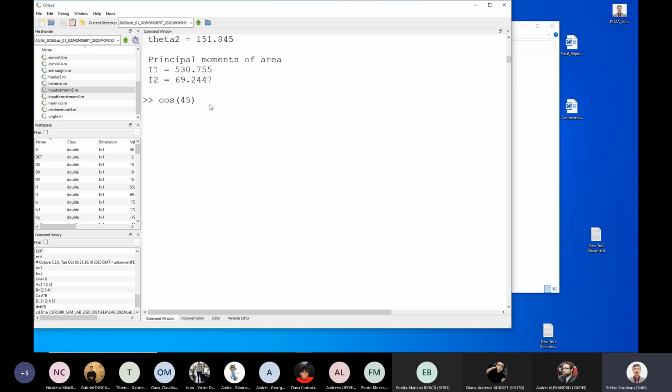So 45 means pi times the angle divided by 180. And as you can see, you can take this value for the coordinates.